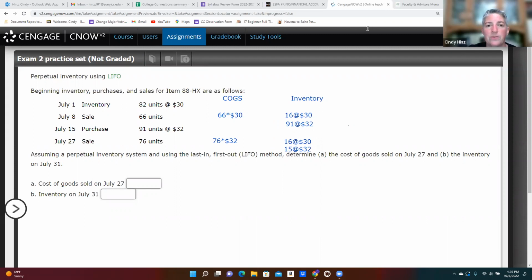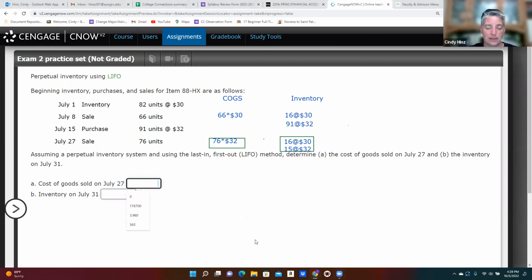And so we're asked to find the cost of goods sold on July 27th. This time I read the whole thing. And so that's going to be this. Nope, that's our inventory. Sorry. Here's our cost. I switched the columns this time. So here's our cost of goods sold column. There's the July 27th sale.